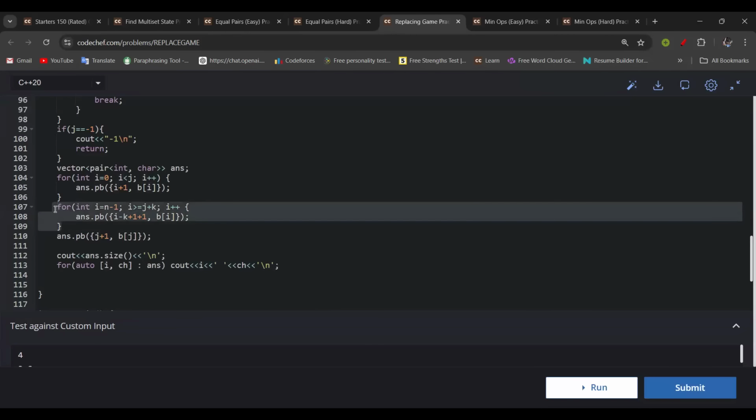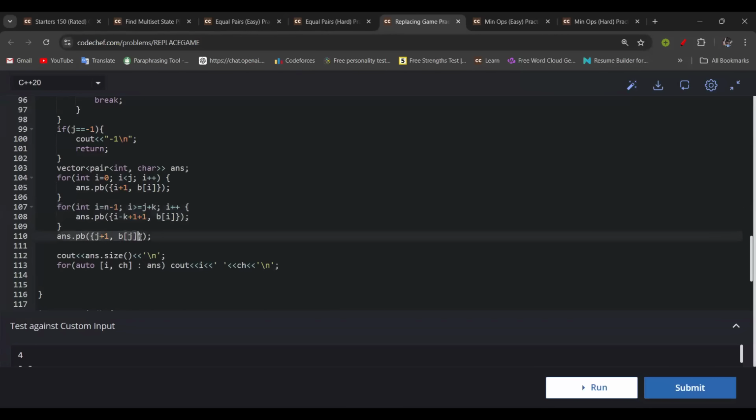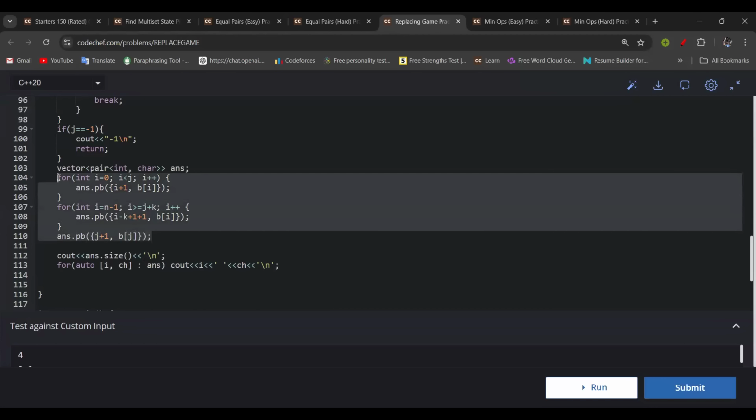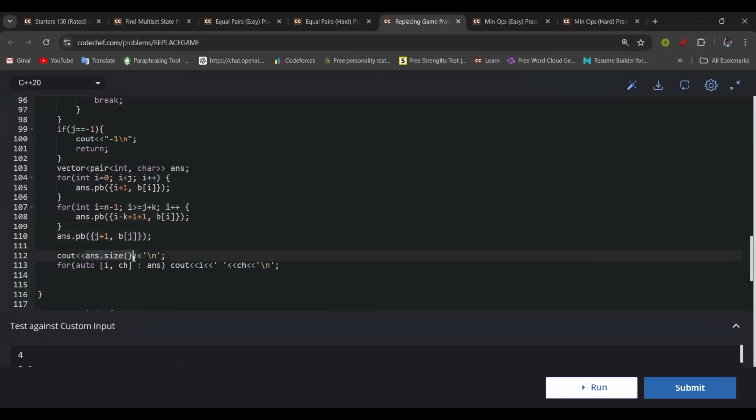So this is handled for the right side, and then for the middle part from j up, I would replace them with bj, these k consecutive characters. Through this, I'm storing my answer. Then I would just print the size of my answer, and then iterate through my answer and print the index and the character. So I think the code is clear.